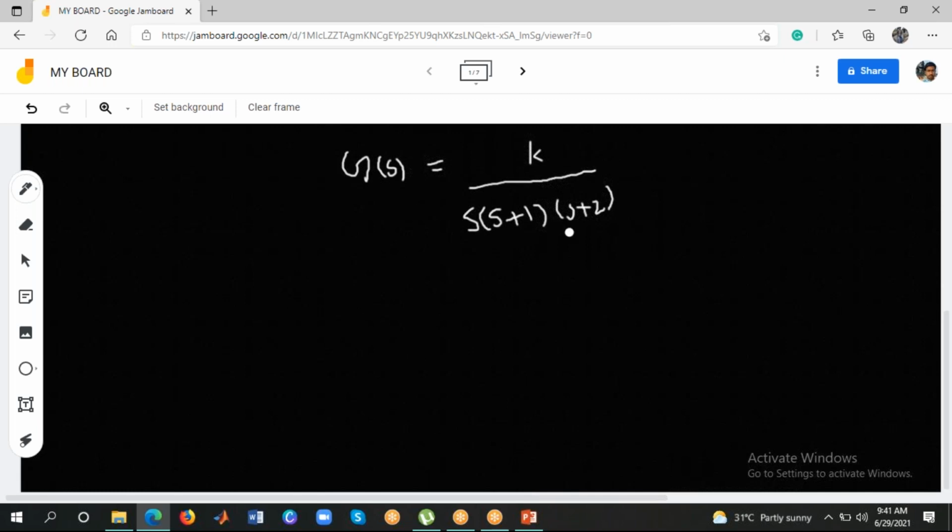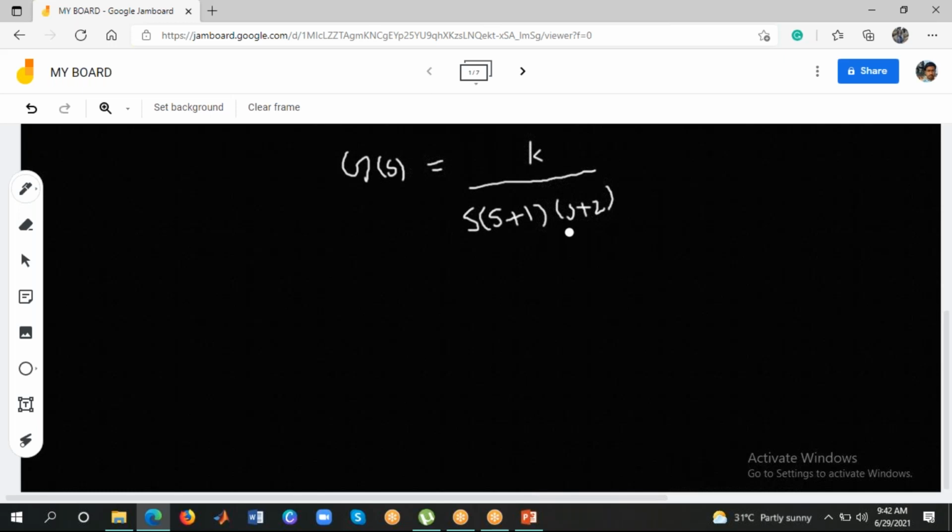In this problem, maximum, they may ask you such problems directly for 5 marks or 10 marks. Okay? So here we are going to find the unknown parameter, the value of K. So what the question asks is, if you want to make this system stable, what should be the range of K, what is the value of K, it should lie in between, that is, between 0 to 1 or between 0 to 2.